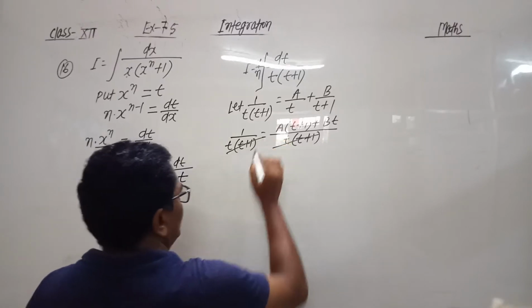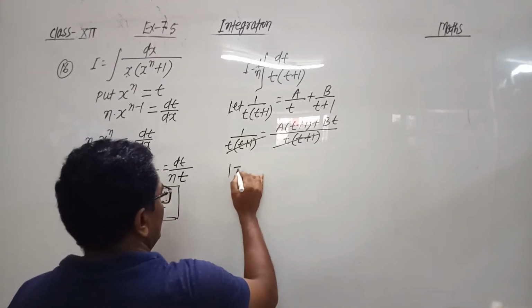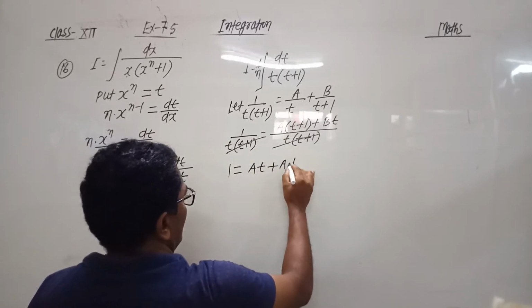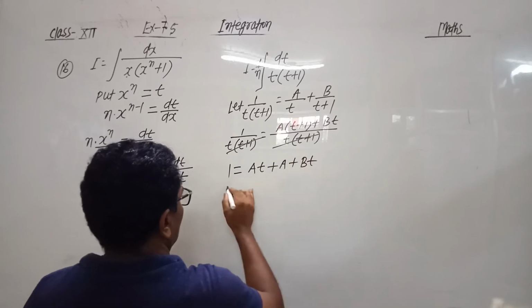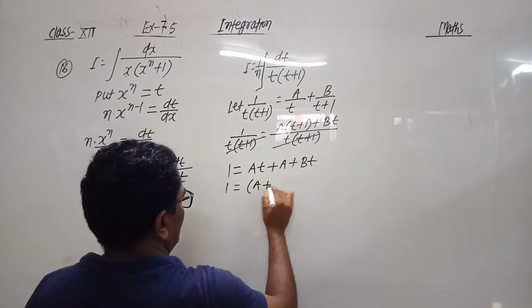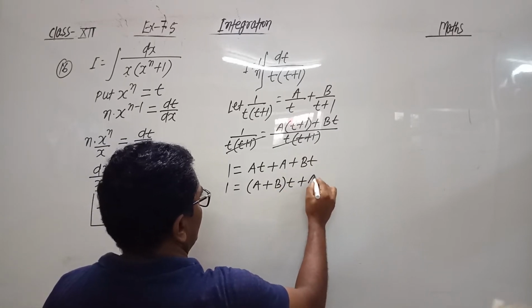So t into t plus 1 gets cancelled and we get 1 equals to at plus a plus bt. So 1 equals to, taking t as common, a plus b into t plus a.